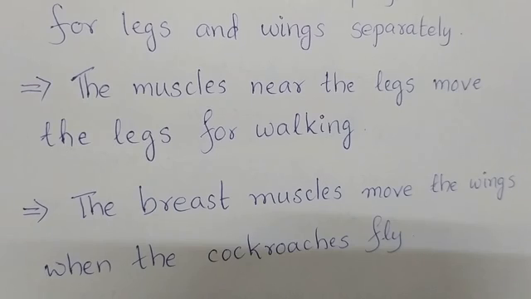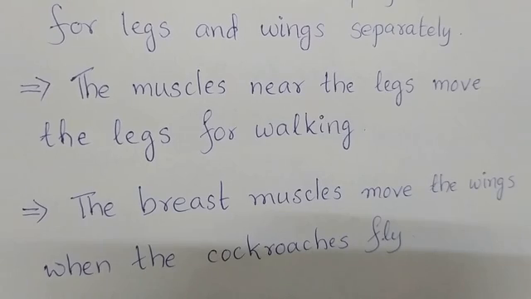Does it move faster or slower than earthworm? Cockroach moves faster than earthworm. Practically speaking, most insects, and cockroach is an insect, walk very fast. Compared to their body size, they walk faster. If you take any insect, for its body size, its movement is very fast.